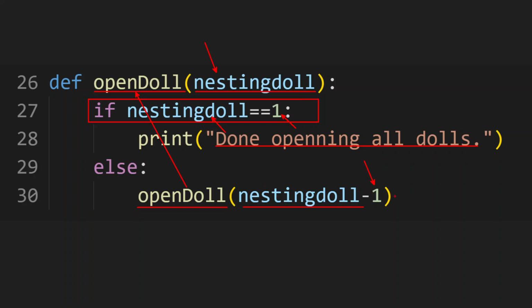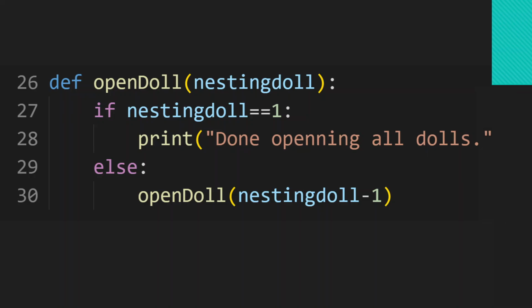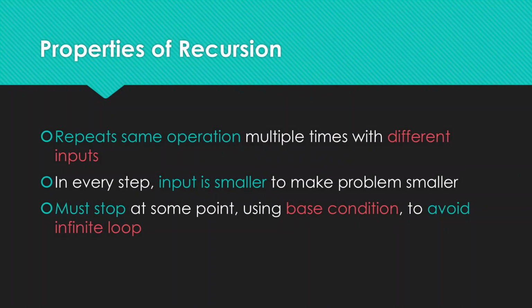So we're going to pass 4, then we pass 3, then we pass 2. After we pass 2, 2 minus 1 is going to be 1, and therefore it's going to meet this condition. 1 is equal to 1, and it's going to print done opening all dolls. So that's just an example of how we can implement the nesting dolls in a program.